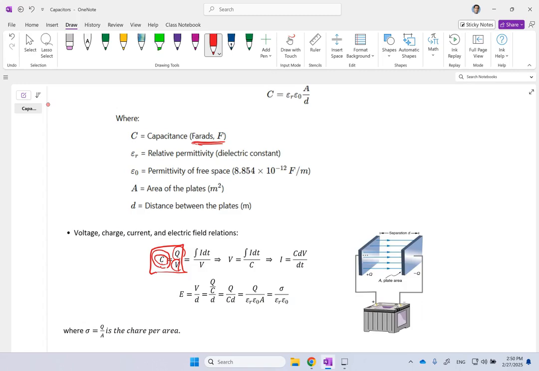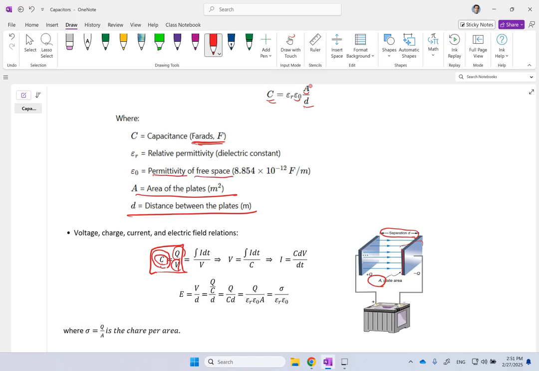So in a very simple shape, if the capacitor is made of two plates, each one with cross-section A and a separation or distance D, then the capacitance is going to be epsilon naught A over D. So C is epsilon naught A over D, where A is, again, the cross-section of the plates, D is the distance between them, and epsilon naught is what we call the permittivity of free space.